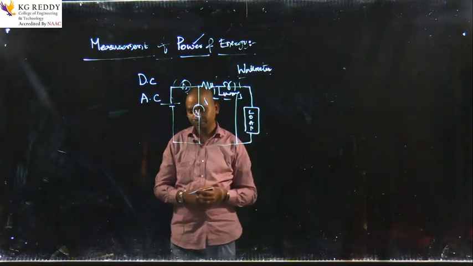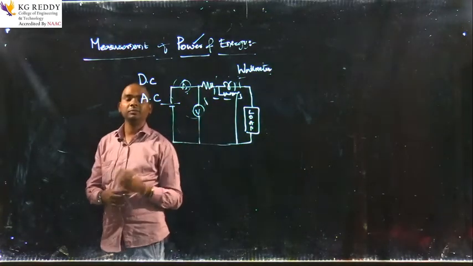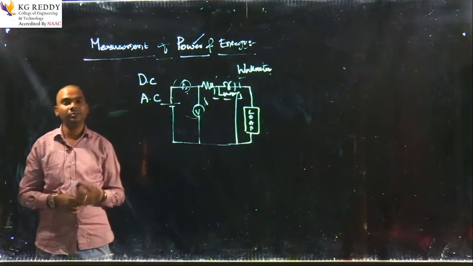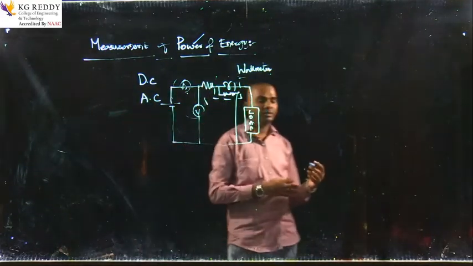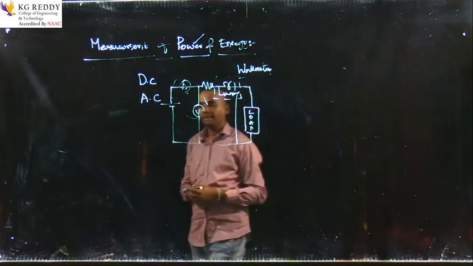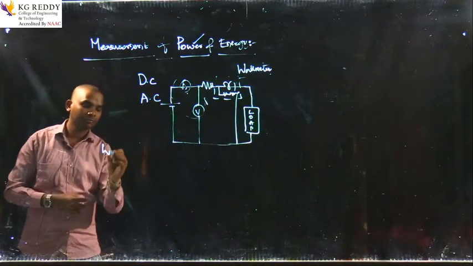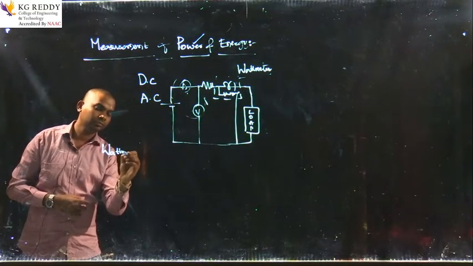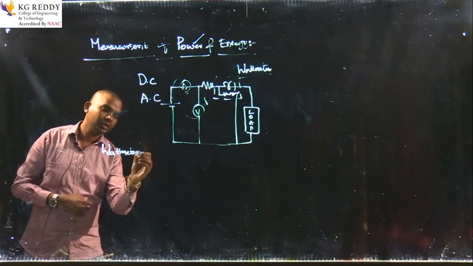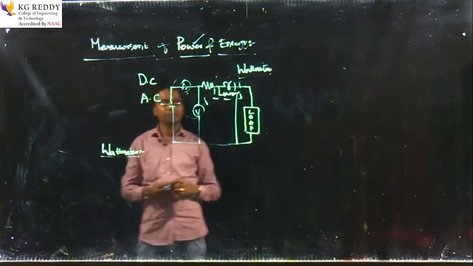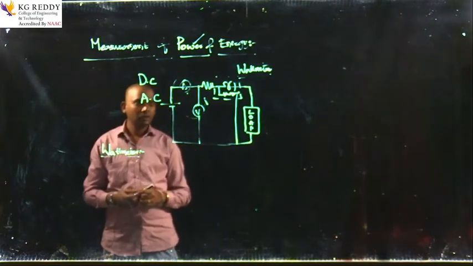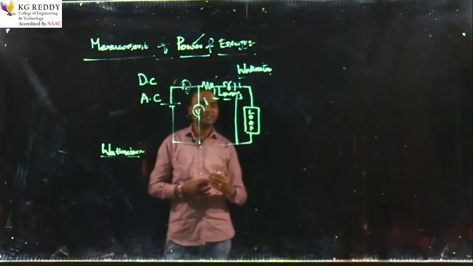What is a wattmeter, what are its constructional features, and what is the working principle behind it? What are the construction details? All these we will discuss now. It is one kind of instrument used for measuring power. Let us see the general working principle.